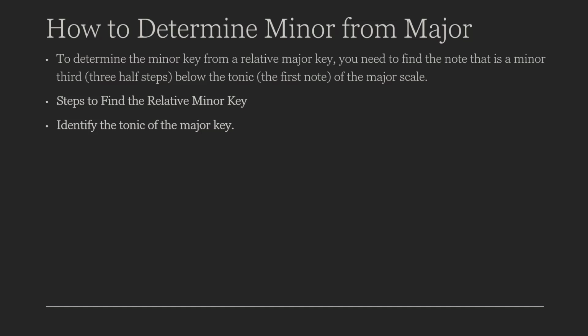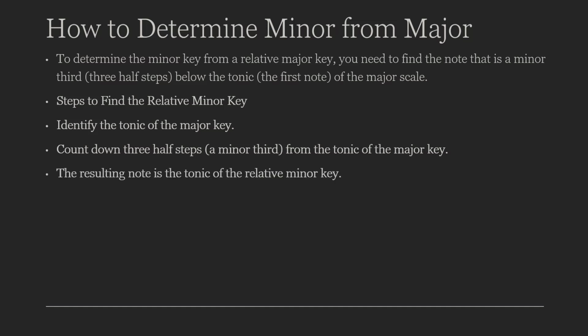So the steps to find the relative minor are as follows. Step 1, identify the tonic of the major, which you have been able to do. Step 2, count down 3 half steps. That's a minor third from the tonic of the major key, which we were able to do for C major.